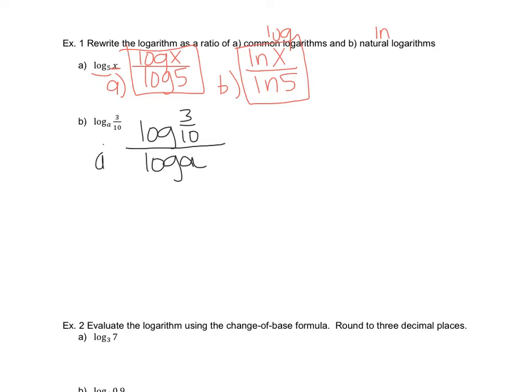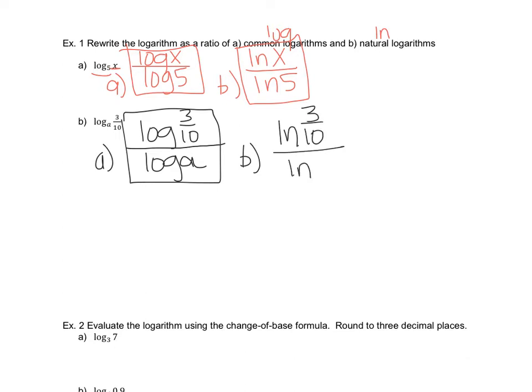And that would take care of part A. So I'm going to do the same thing for part B, just use ln instead of log. So here I would have ln of 3/10 divided by ln of a. And that's how you change it from having whatever base you have to a base of 10 or a base of e.